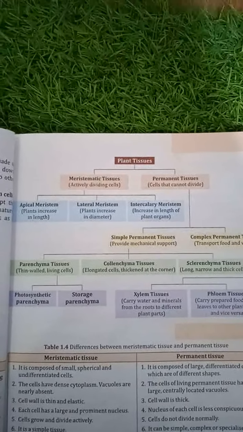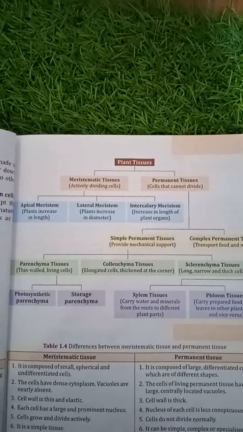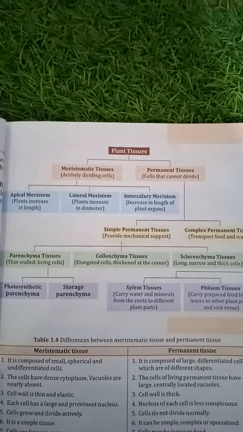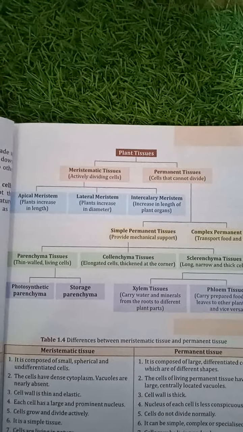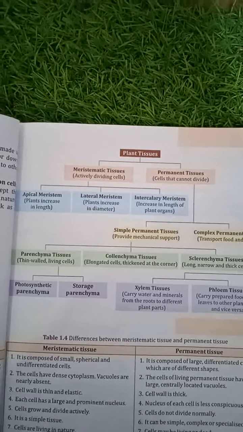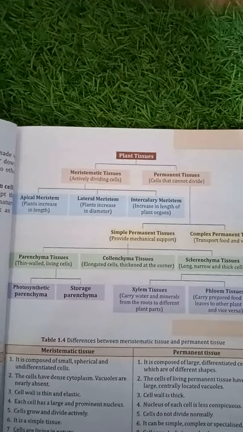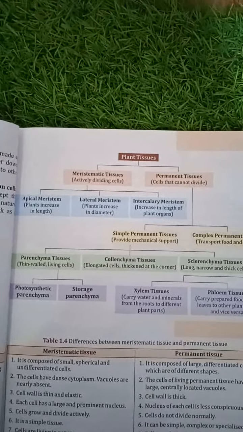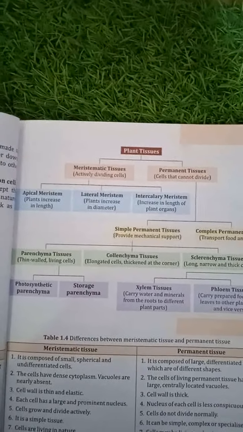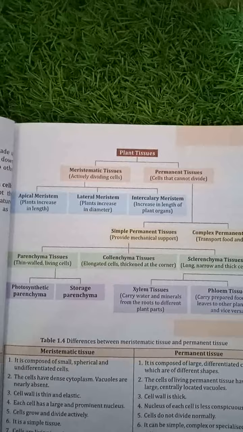They are divided into 2 types, meristematic tissues and permanent tissues. Meristematic tissues are actively dividing cells, so they help in the growth of the plant. Permanent tissues are cells that cannot divide, because the meristematic tissues which have stopped dividing have become permanent tissues.